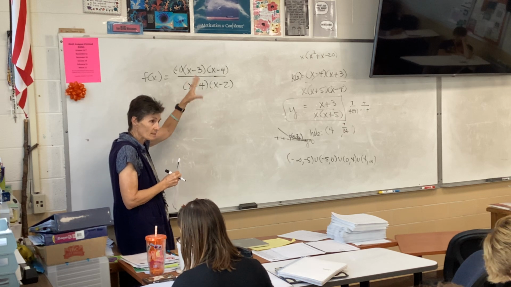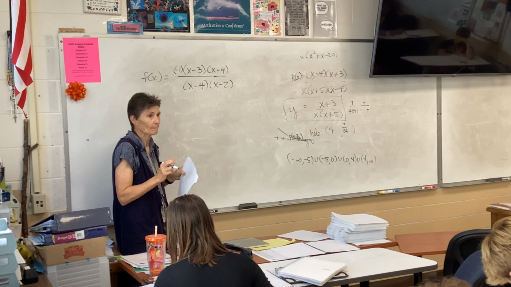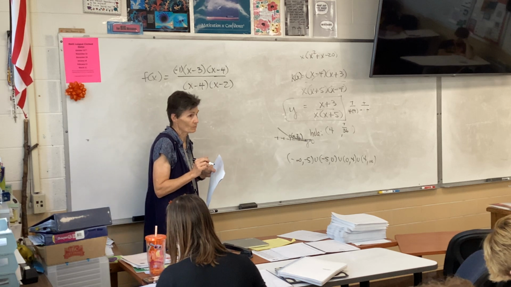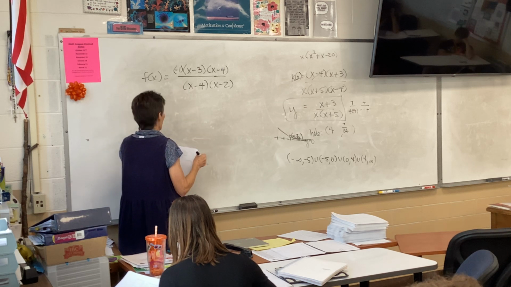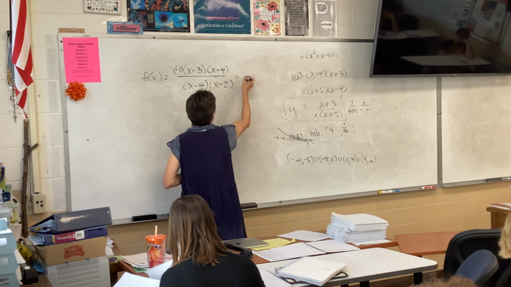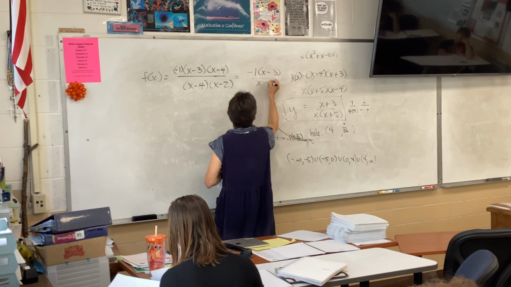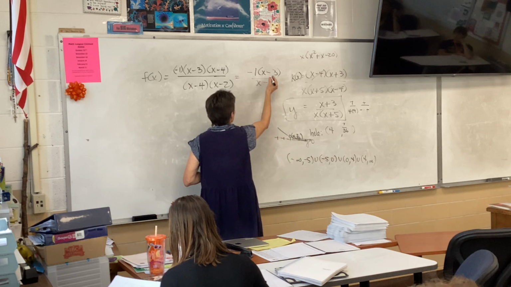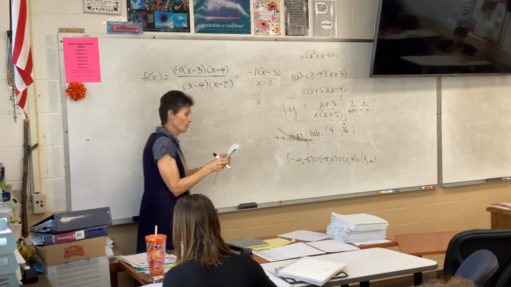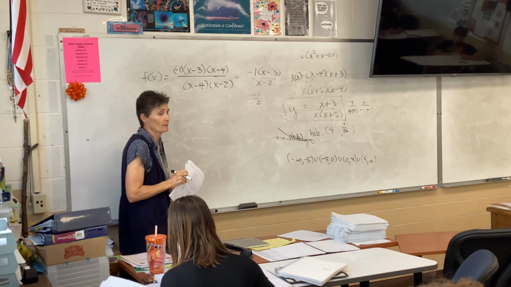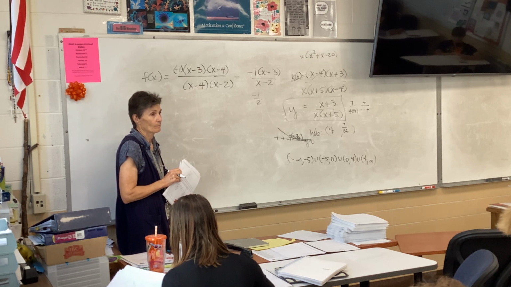So that's going to give us that. Now, is there anything else I need to check? I have to check that the hole's in the right spot. So when I put in 4, my reduced problem would look like this. When I put in a 4, I'm going to get -1 over 2. Does that look about right? Yeah. Looks perfect. Everybody good?